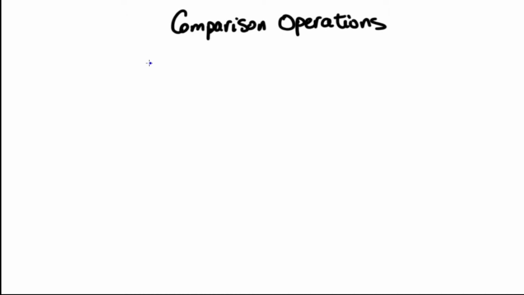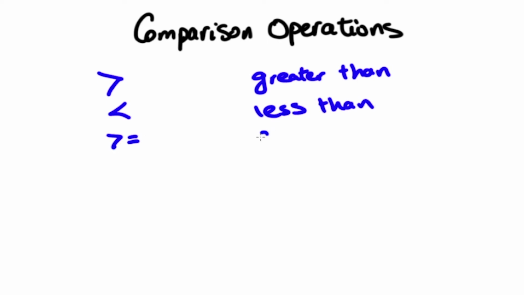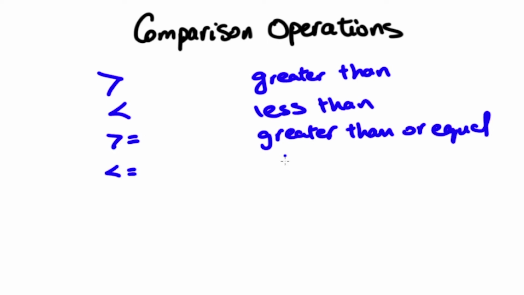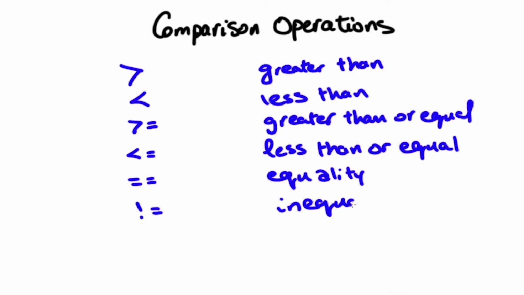What are these comparison operators? Let's take a look. Hopefully this is not going to be new to you. The comparison operators are very intuitive. For example, things like greater than, less than, greater than or equal, less than or equal, the equality operator and the inequality operator. These are all examples of what we call comparison operators.